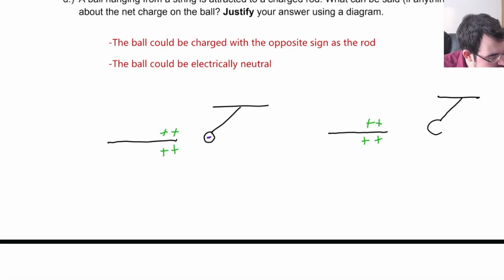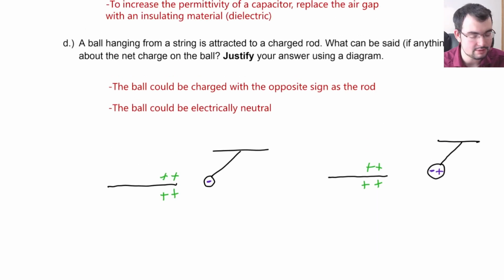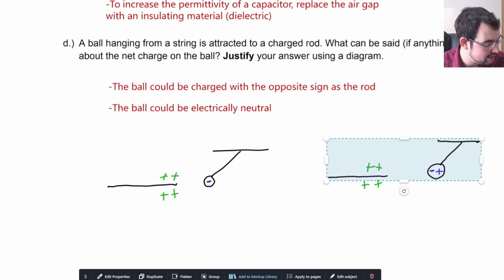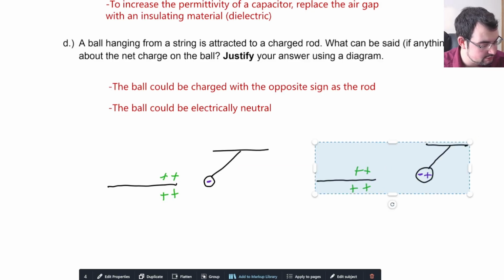So just be on the lookout for the fact that just because we have attraction doesn't mean we absolutely know the sign of the charge. It actually only tells us that it can't be negative if the rod was positive.